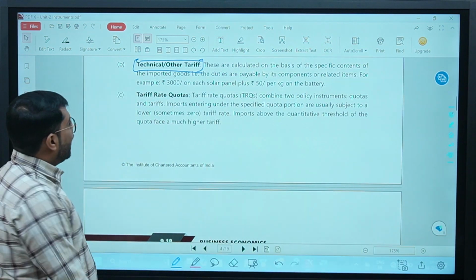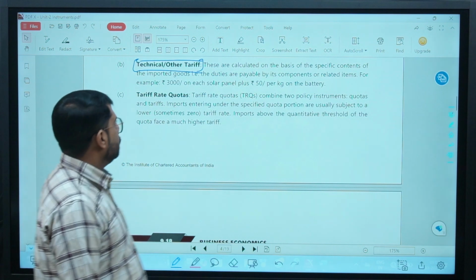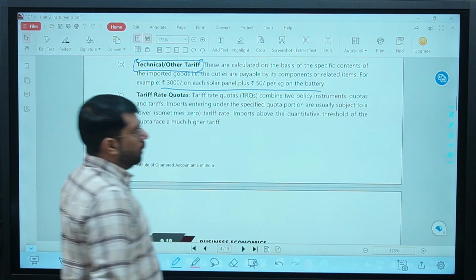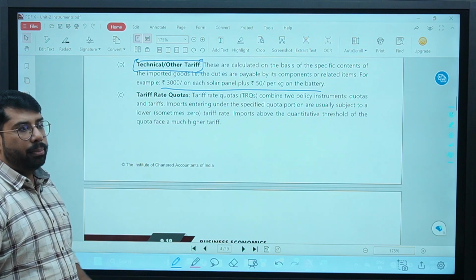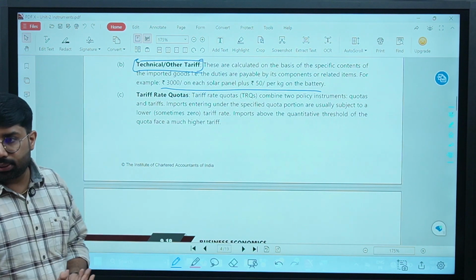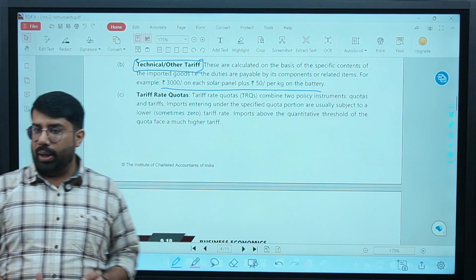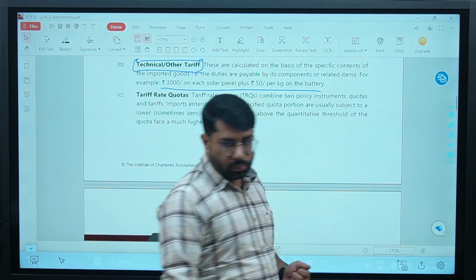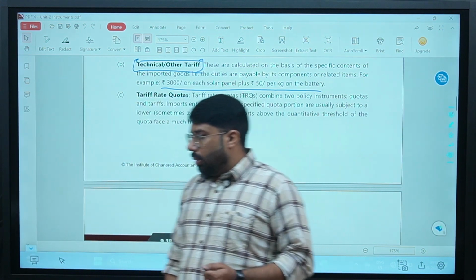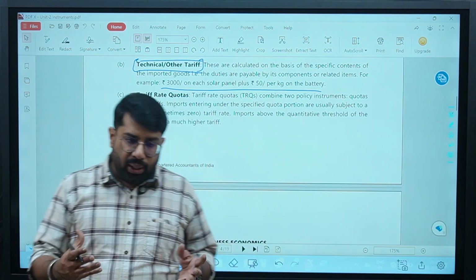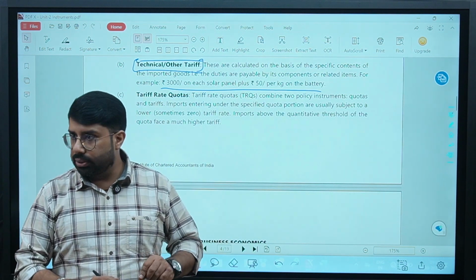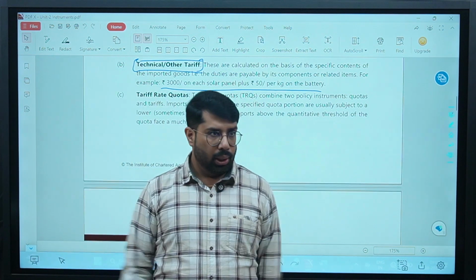Chaliye. Better technical tariff or other tariff? देखिए, although one example is already written here, but I would like to give you an example which is something more practical than this. You will be able to understand it properly, right? But nowadays, when you see TVs, televisions, LEDs, OLEDs, the big screen televisions.